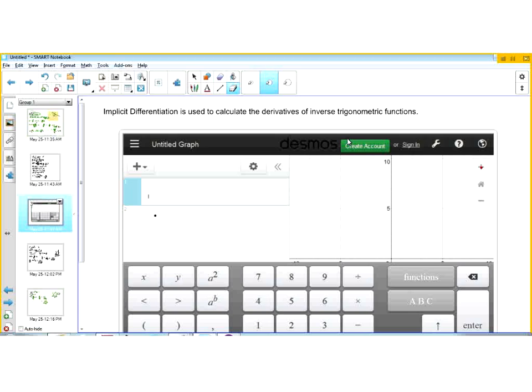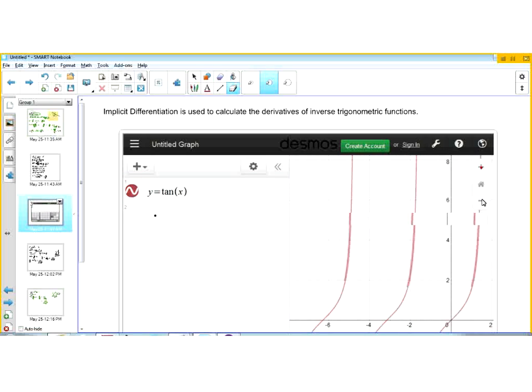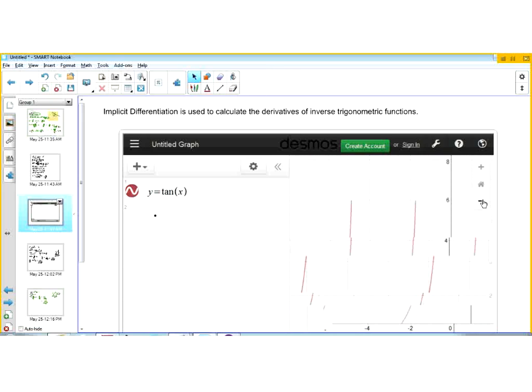Yeah, checking my notes. All right, so we'll start off by identifying the principal part of the tan function, because again, the tangent function, like most trig functions, is not one-to-one. So what would be a good candidate for the principal part of the tan function?